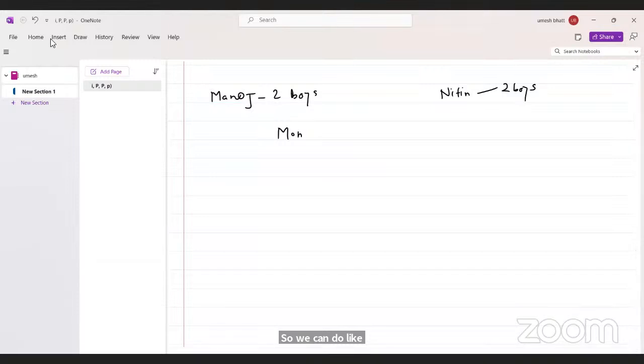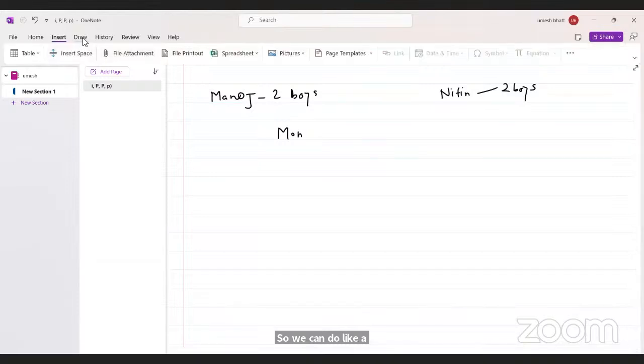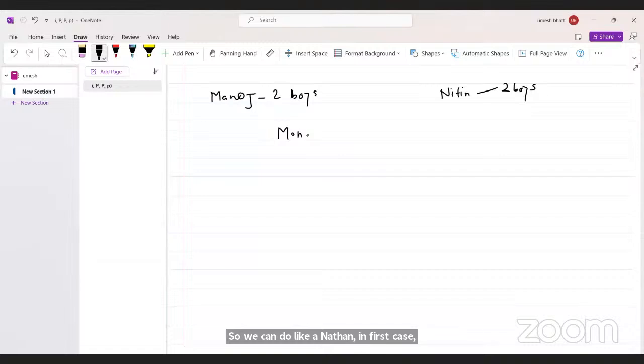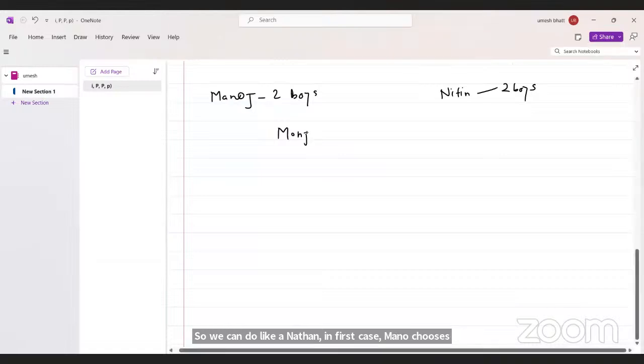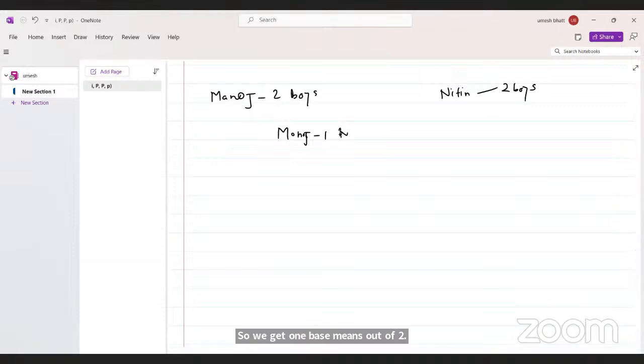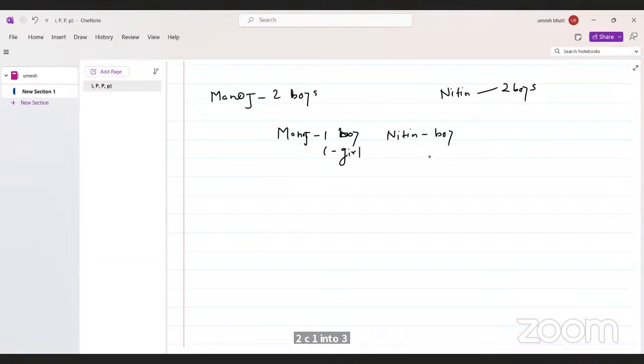In the first case, Manoj chooses two boys and Nitin chooses two girls. There is an AND condition, so we get 1 way, meaning Manoj chooses two boys out of two and Nitin chooses two girls out of two. For the second case, Manoj chooses either one girl or one boy, so 2C1 into 3C1, and Nitin chooses either one girl or one boy, so 3C1 into 2C1.